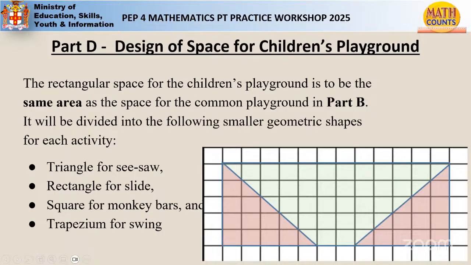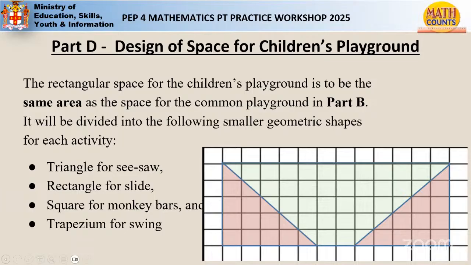You're going to forget about what they had with the picnic and the exercise, and figure out how you're going to distribute the different items. The space for the seesaw should be triangular, the slide rectangular, the monkey bar square, and the swing a trapezium.